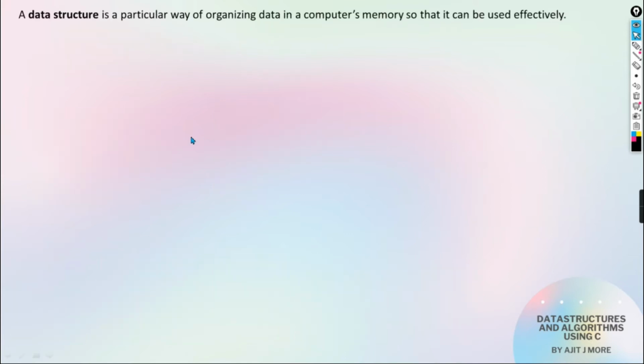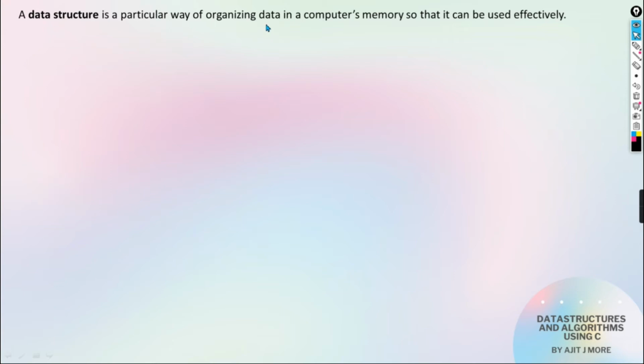Now, in short, in simple, sweet words, I will try to give you the definition of data structure. You can say data structure is a way of organizing data in your computer's memory and then performing different operations on it.